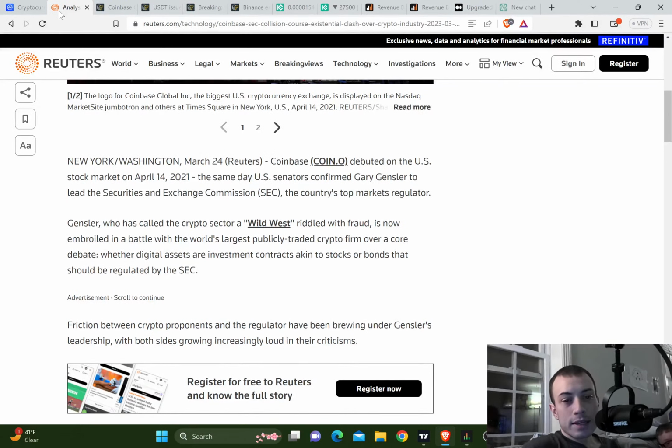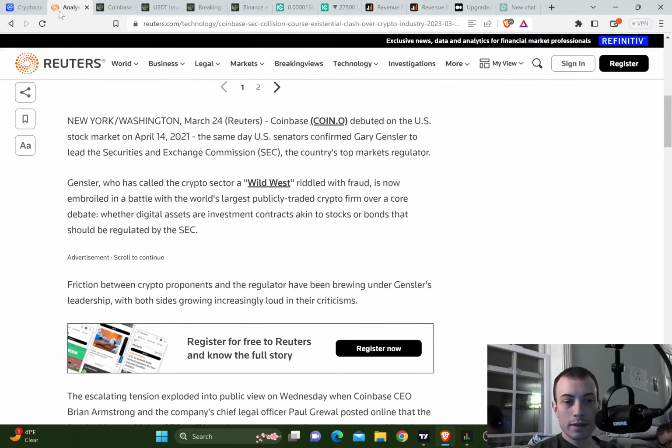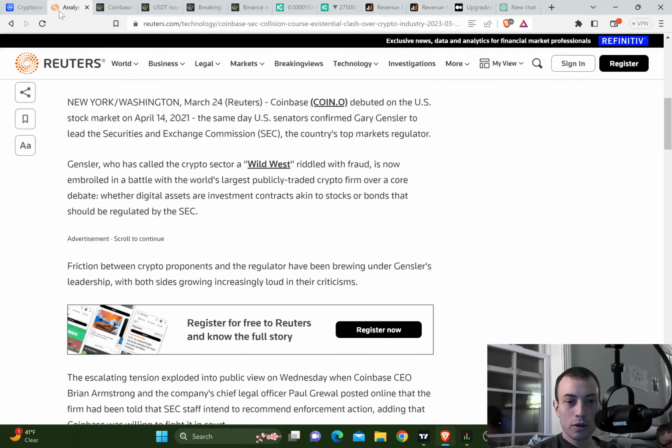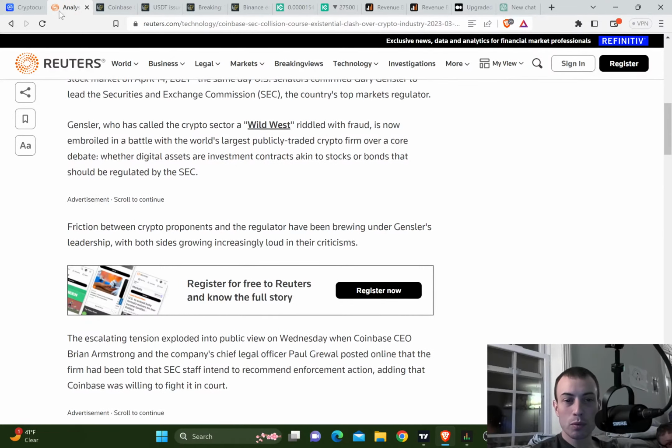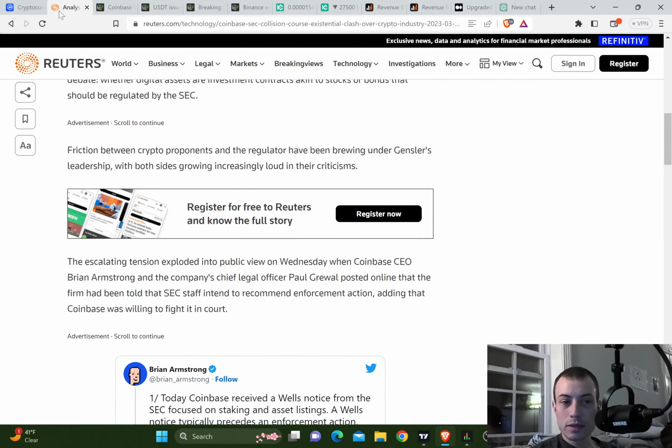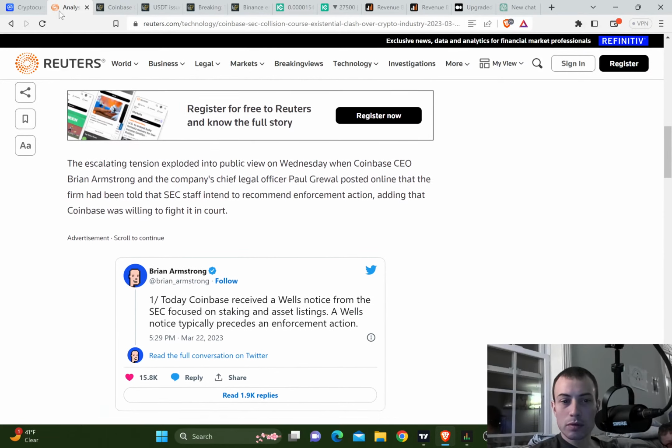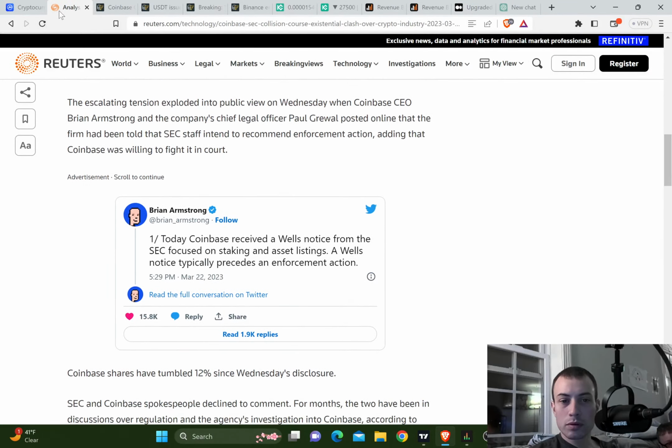That's the SEC coming after them. So Gary Gensler has called the crypto sector a Wild West, riddled with fraud. He's now embroiled in a battle with the world's largest crypto firm, Coinbase. How about you go after the people that are actually committing fraud and not Coinbase? Right, that's a good point.